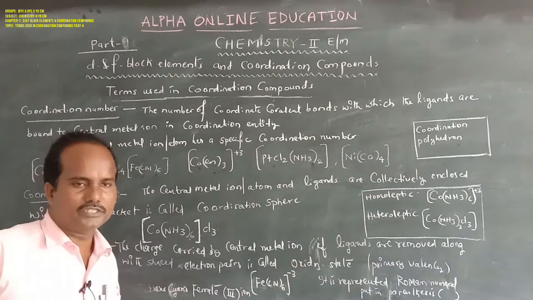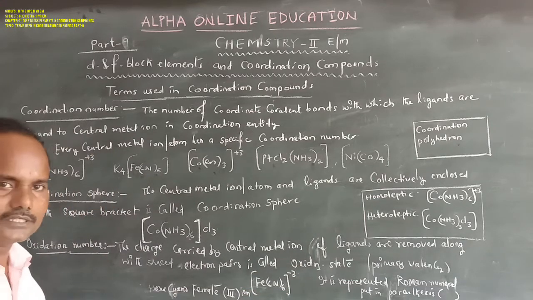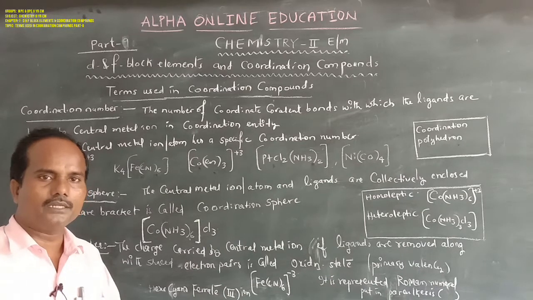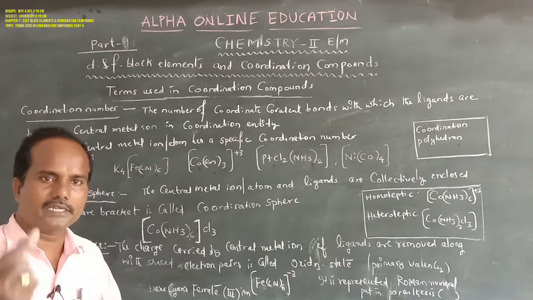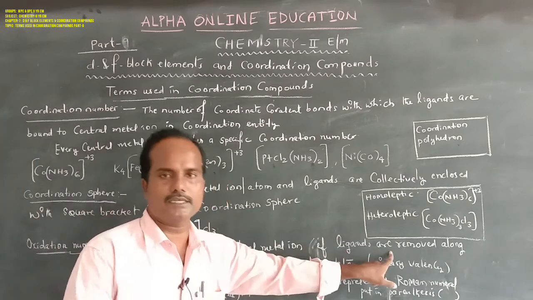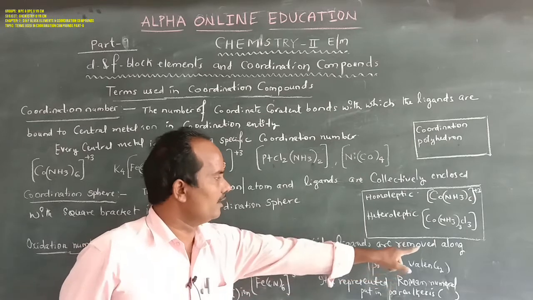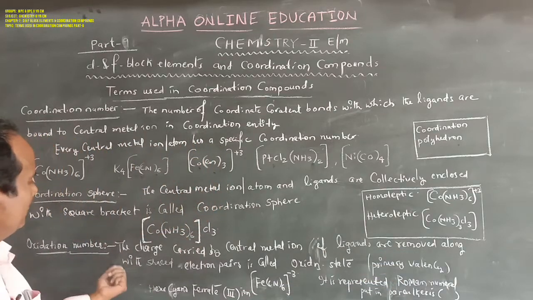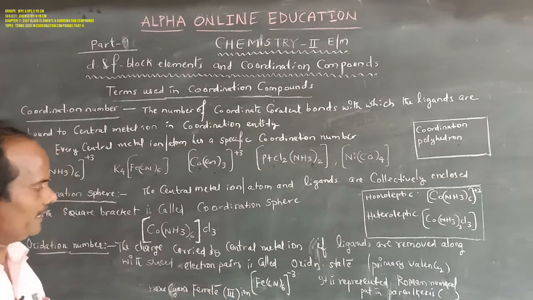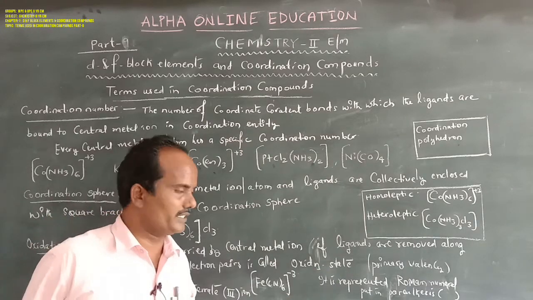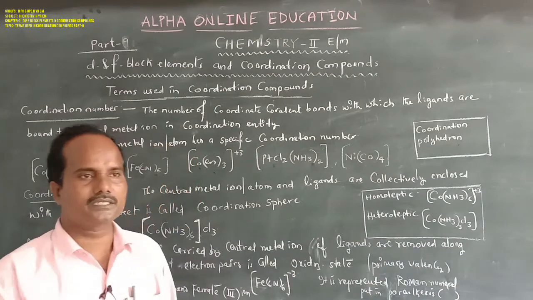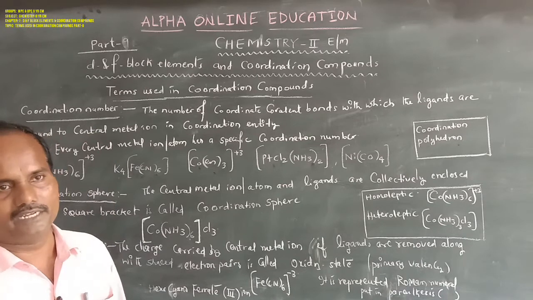Oxidation state or oxidation number is nothing but the charge carried by the central metal ion if ligands are removed along with shared electron pairs. It is equal to the primary valency.